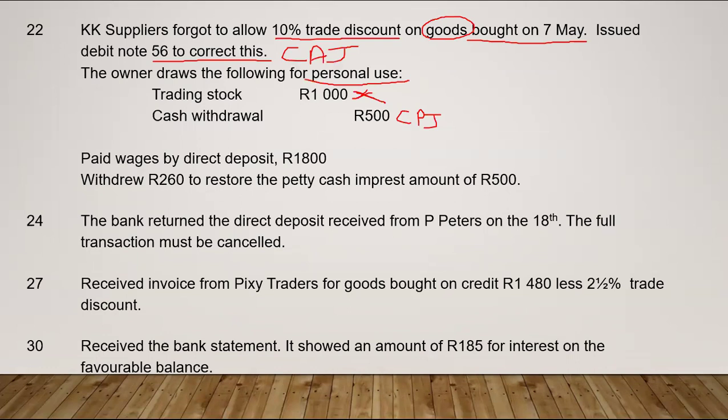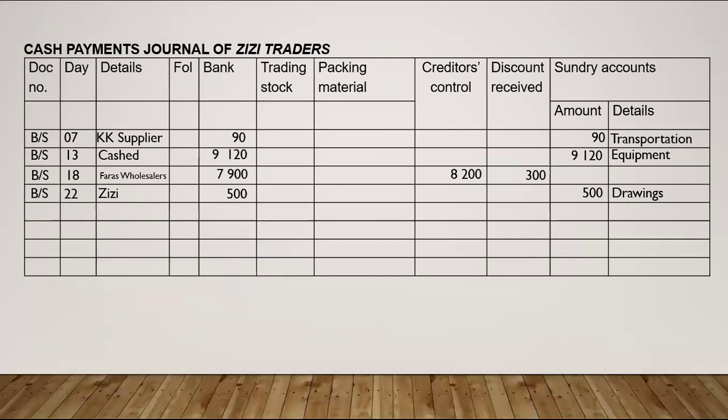And then it says same day, we paid wages by direct deposit, which is 1,800. Where will that be recorded? It will be recorded in the CPJ. In the CPJ, we'll have BS.